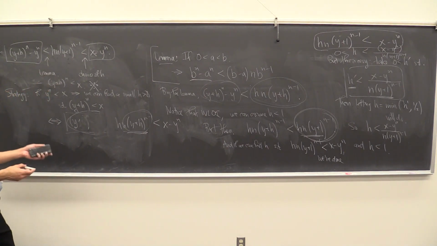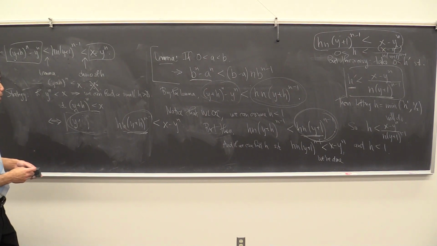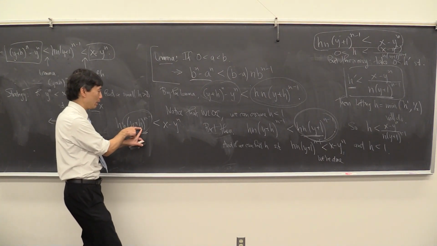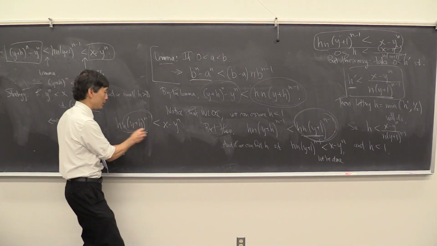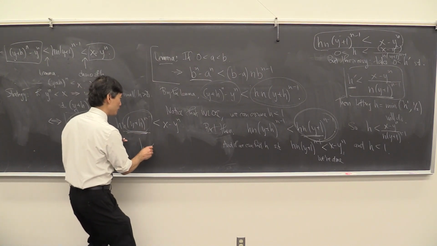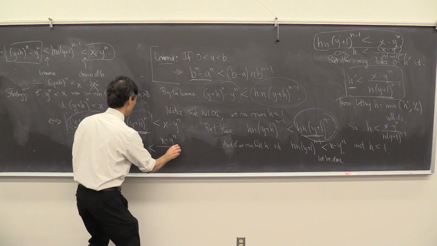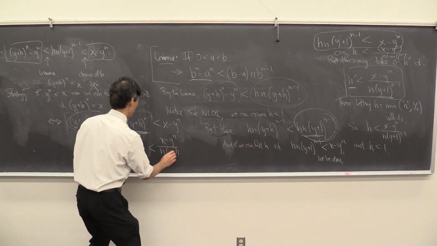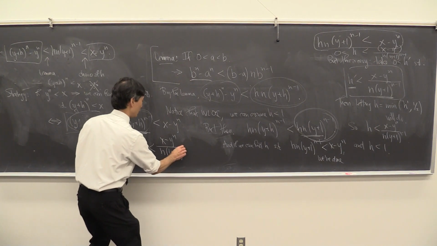Okay, it just occurred to me while I was writing that we need to play this last trick. But I hope you see why we couldn't just divide both sides by this thing. Because if we did, we'd be saying, take h so that h is smaller than this thing, y plus h to the n minus 1.